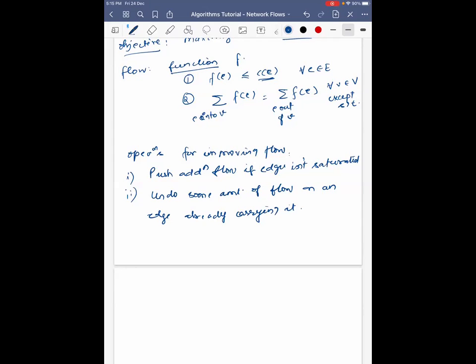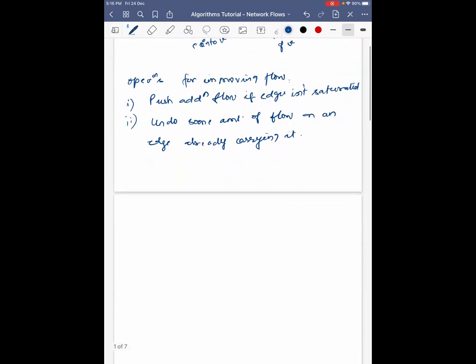Now both these operations can be abstracted out in terms of the residual network. Given a flow F, we can construct a residual network GF as follows. For each edge E, let's say its capacity is C and it's carrying a flow FE. If FE is less than CE, it means I can push an additional CE minus FE units of flow across this edge.